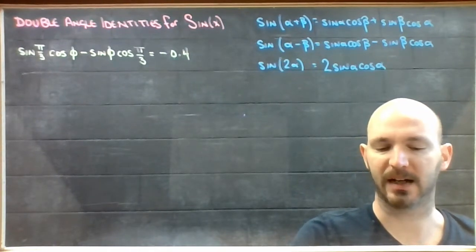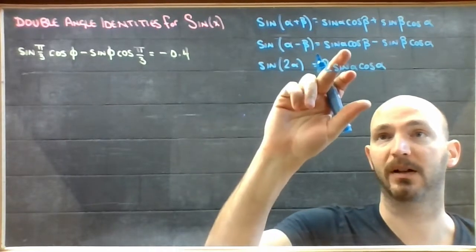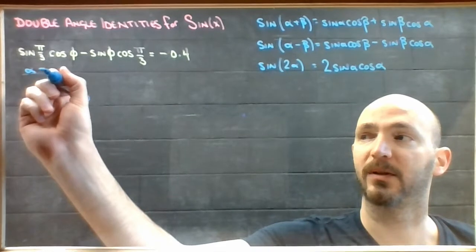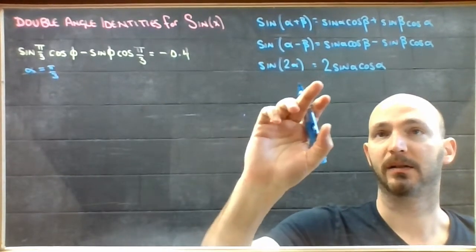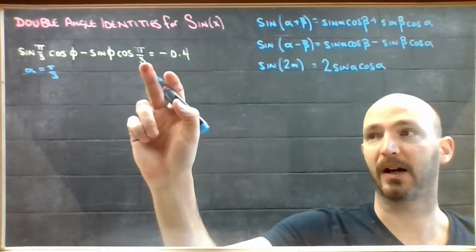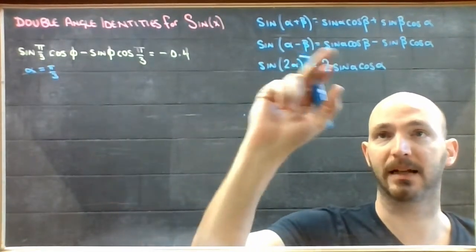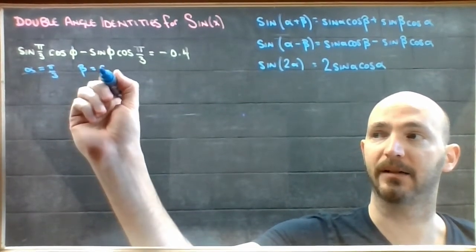So I'm going to take this little structure here and bend it into that. To do that, I'm going to have to recognize that the alpha, this piece, is going to be the pi over 3. So I've got cos pi over 3 and sine pi over 3. And the beta, the second thing here, is the phi.